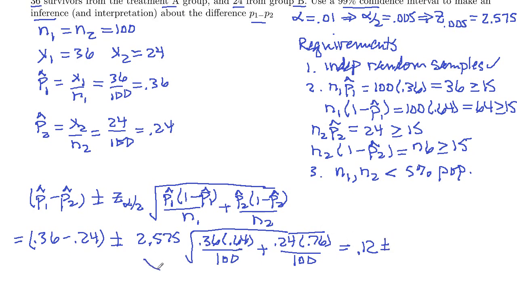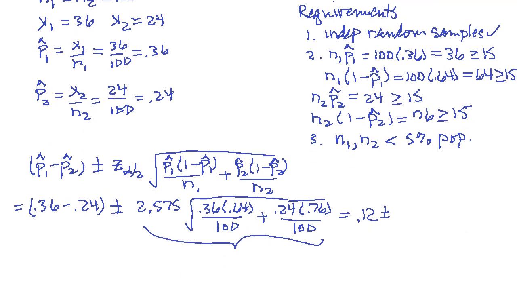This whole quantity, if you compute that in the calculator, you'll get 0.165. So 0.12 plus or minus 0.165. And that will give you the interval negative 0.045 up to positive 0.285.